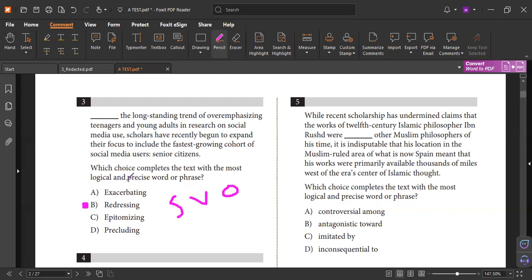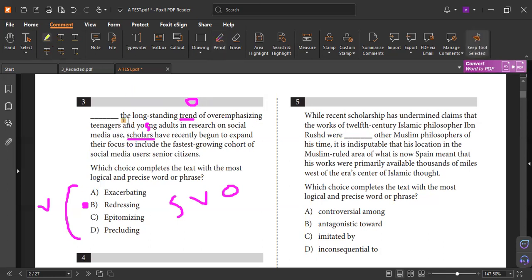For example, "exasperating the long-standing trend of overemphasizing teenagers and young adults in research on social media." Scholars, the scholar is the subject. Here we need the verb and the object. What is the object? So scholars do what for the long-standing trend?